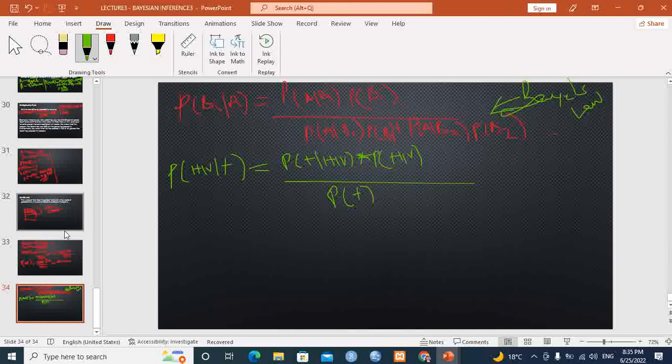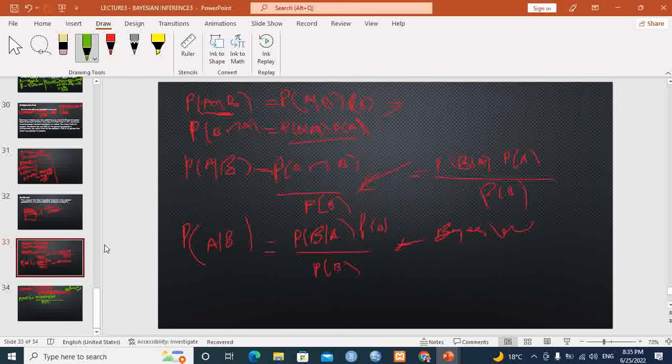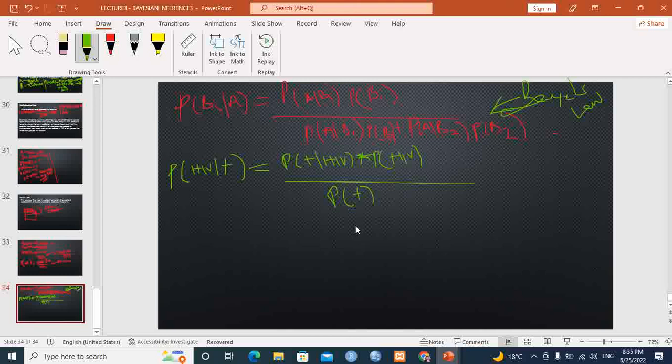All right, we said that here: probability of A given B is equal to probability of B given A times the probability of A divided by the probability of B, which is the probability of positive. All right, let's try to break down what each of this means.